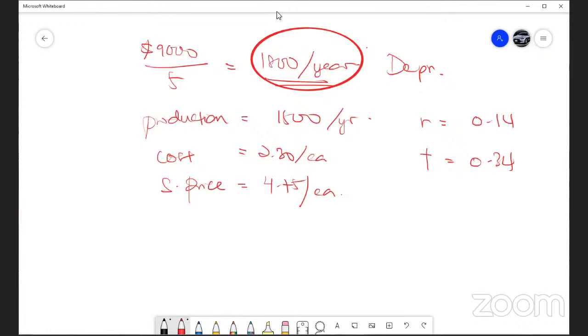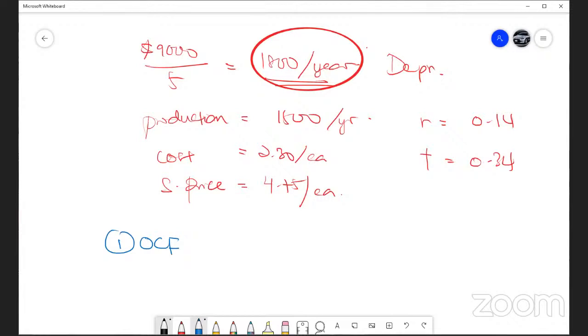But before you go to net present value, you need to find out the operating cash flow for 5 years. To count OCF, what is the formula?